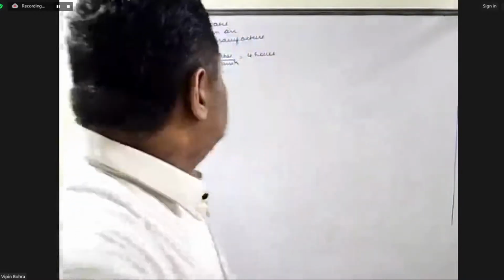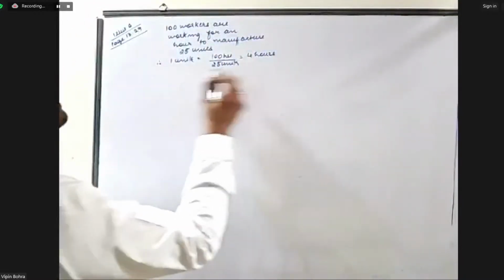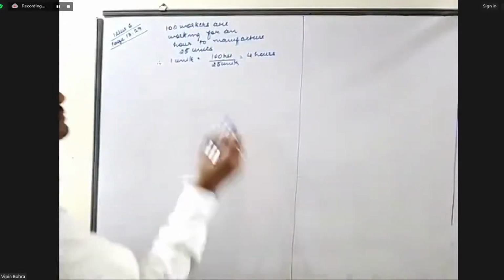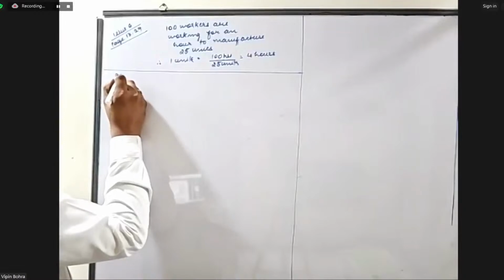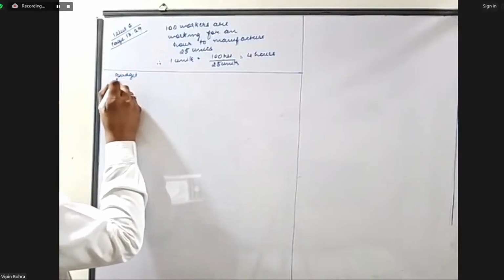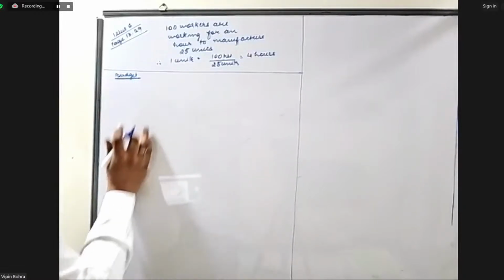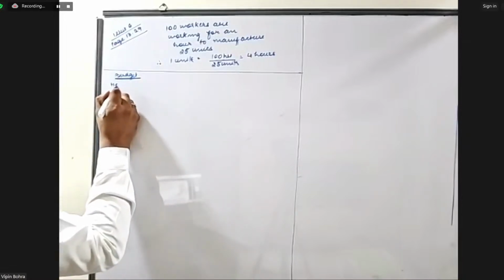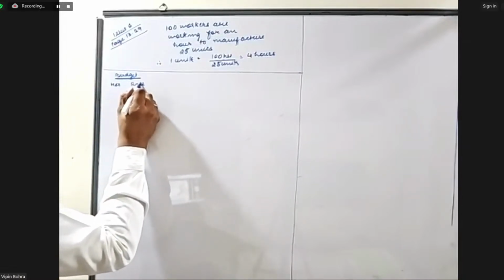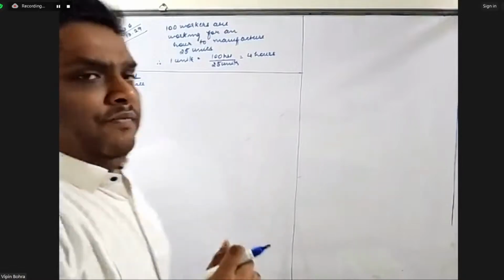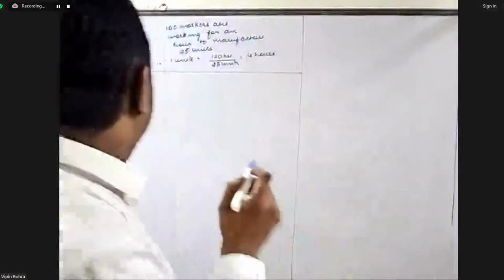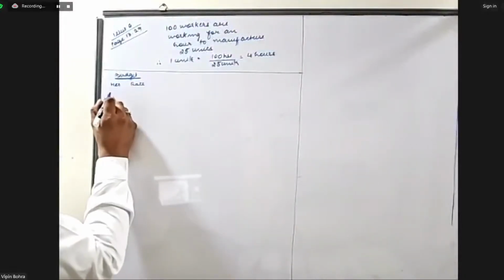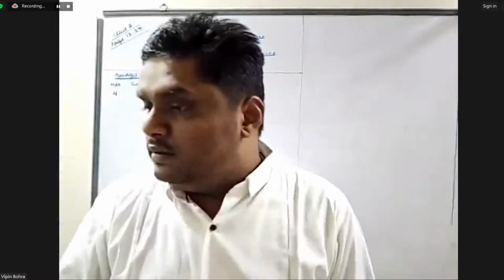So when talking about the budgeted data, 1 unit takes 4 hours and the rate per hour is 6.